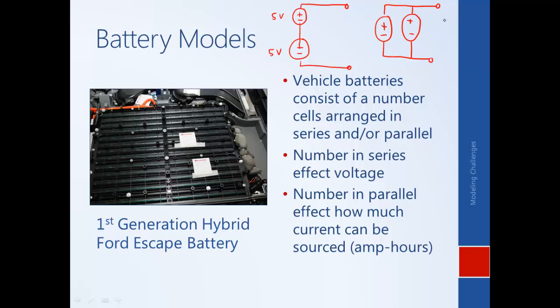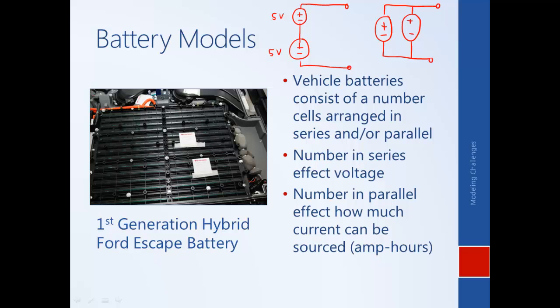So putting them in parallel doesn't affect the voltage at the output, but it does affect how much current can be sourced, because in essence, this cell is sourcing some current and this cell is sourcing some current, and the current flows sum together. And so what that affects in essence is how long the battery will last before it's depleted, and that's measured in amp hours.